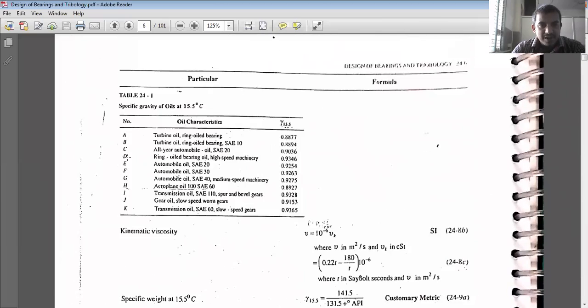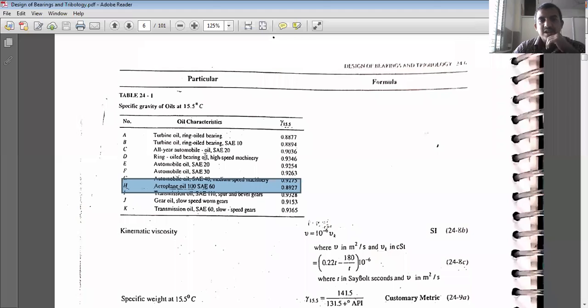Yeah, the type of oil is H. For H, it is aeroplane oil, 100 SAE 60. Now you have to consider SAE 60 grade oil. Don't take aeroplane oil, use SAE 60 oil. Clear?